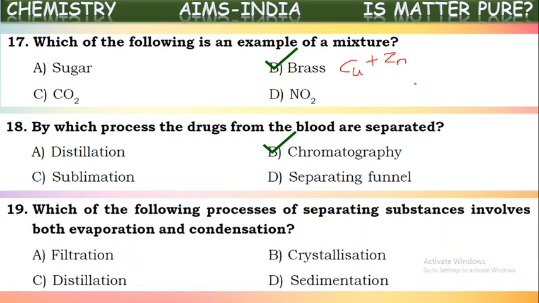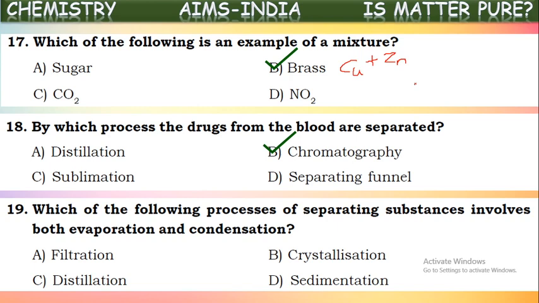Okay, next. Which of the following processes of separating substances involves both evaporation and condensation? Evaporation means the conversion of a liquid into gaseous form, and condensation means the conversion of vapors back into liquid form on cooling. So in which process do these two occur together?